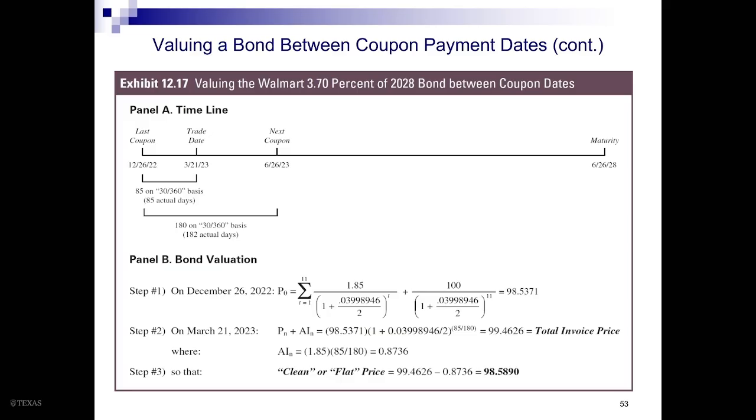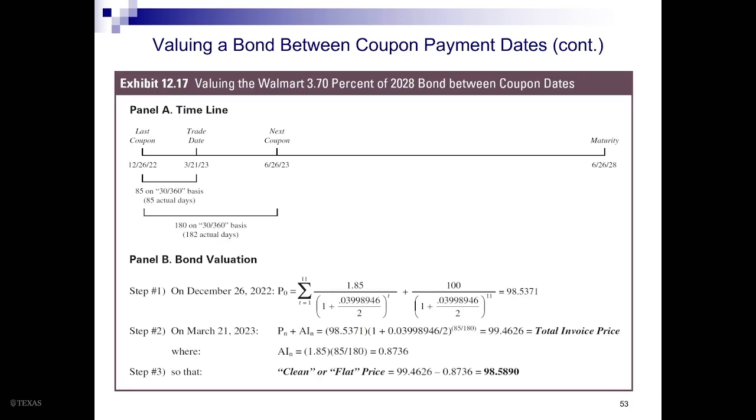Now, one thing we might think of doing, Brian and I, is to get on the phone and call the CFO at Walmart and say, hey, next time you pay out a coupon, why don't you send some of it to Brian and some of it to me? That may be good for a laugh, but it's not going to happen. Here's what's going to happen.